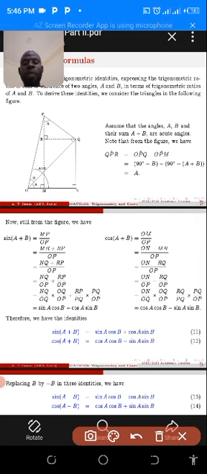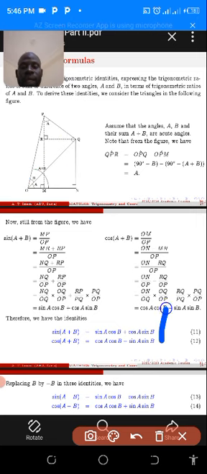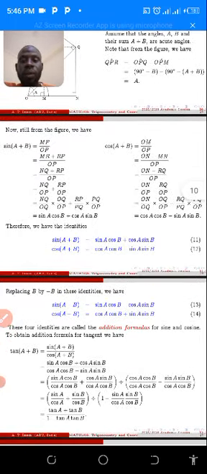But line OQ is the one here. This is the line OQ we are referring to. Now we look at it again. So NQ over OQ and OQ over OP.